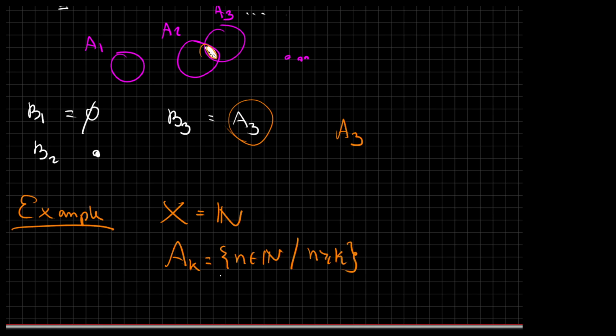Alright, so it is clear that A1 is the whole space, A2 is everything that follows from 2, and so on. So this is a decreasing sequence.